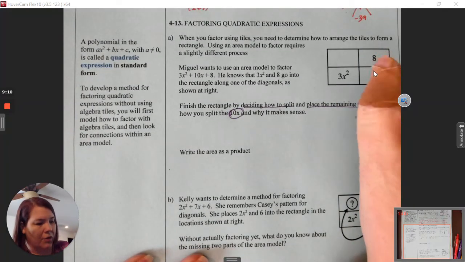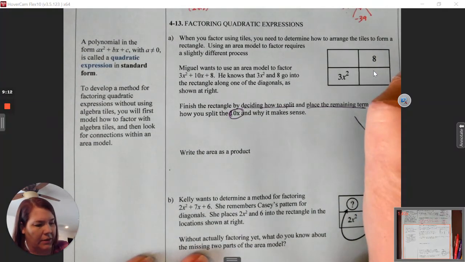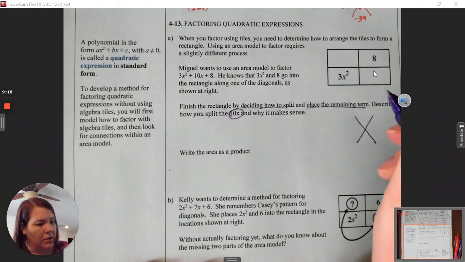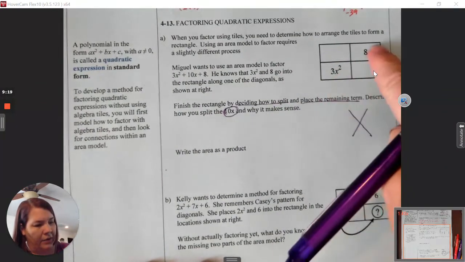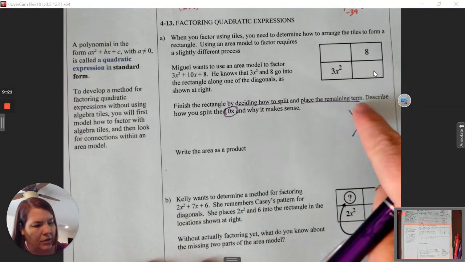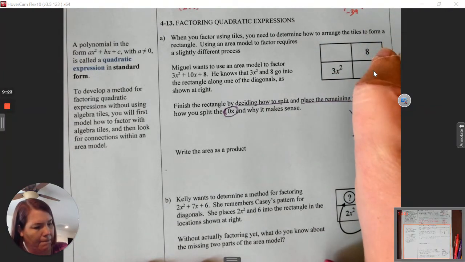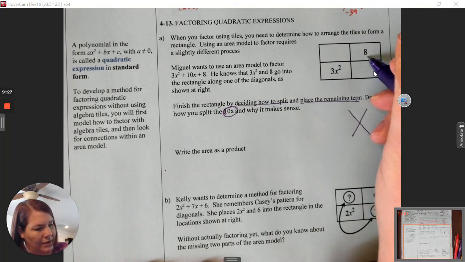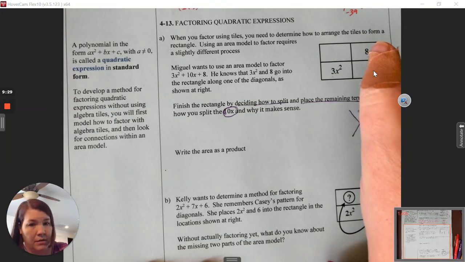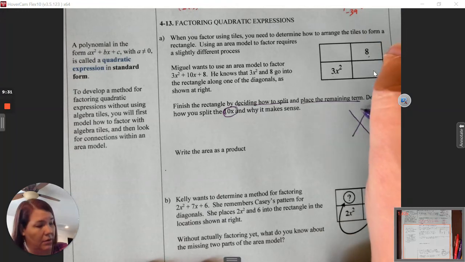So I'm going to go ahead and try the diamond a little bit to see if it'll help me. And so I know that I had to multiply this diagonal to get the top. So 3 times 8 is 24.